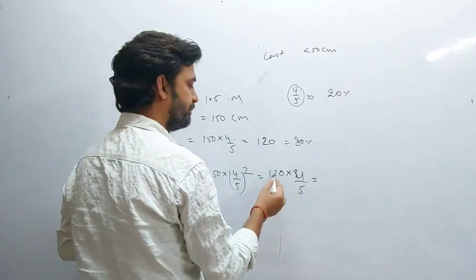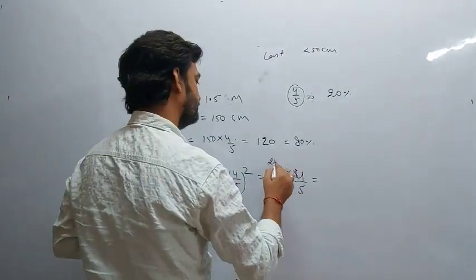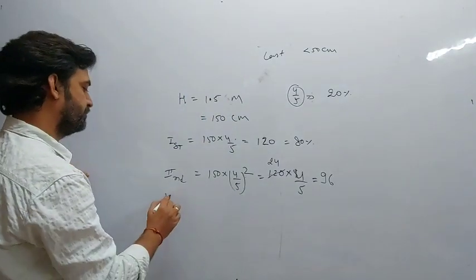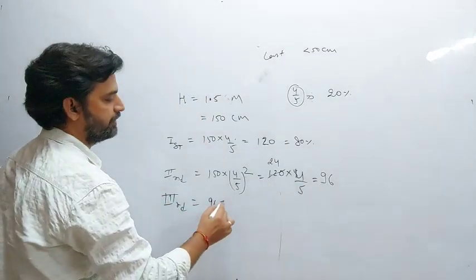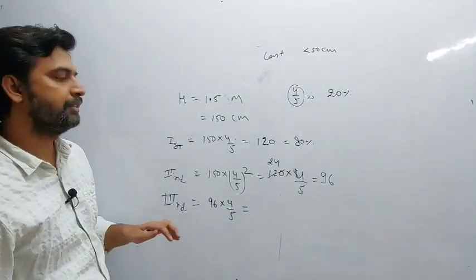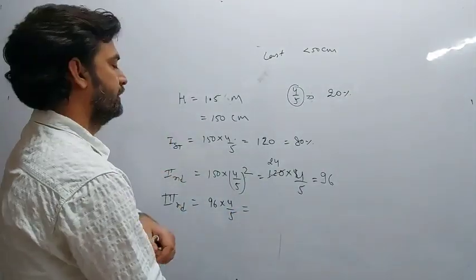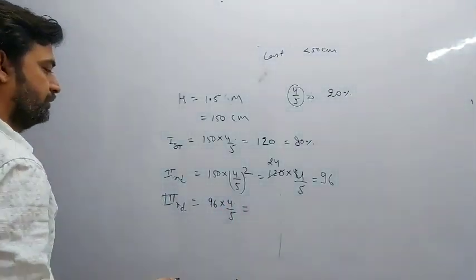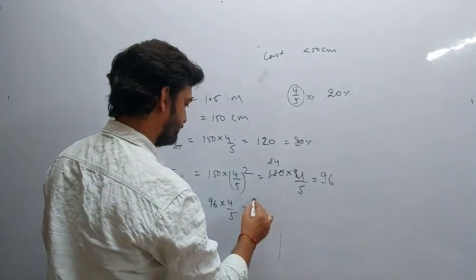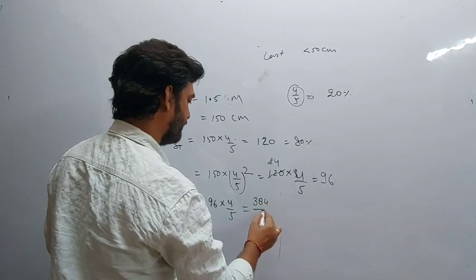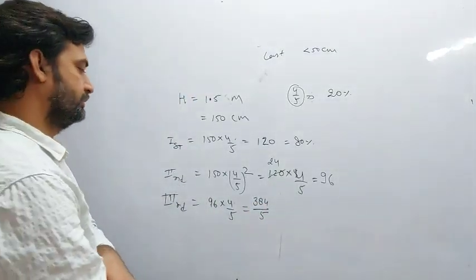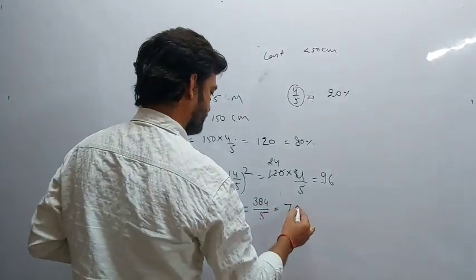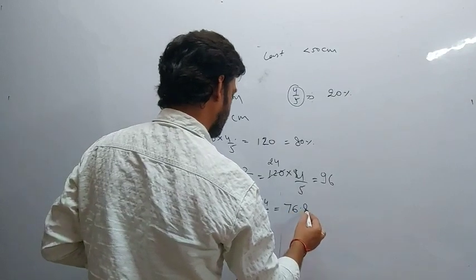120 into 4 by 5, that means 24 into 4, 96. The third bounce is 96 into 4 by 5, this becomes 384 divided by 5, right? This value was 76.8.